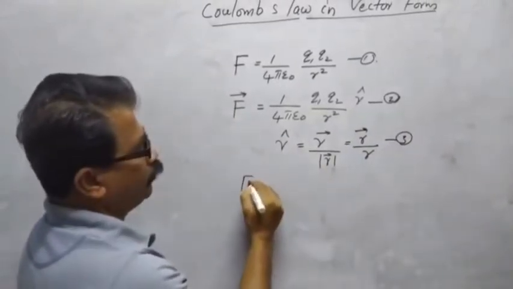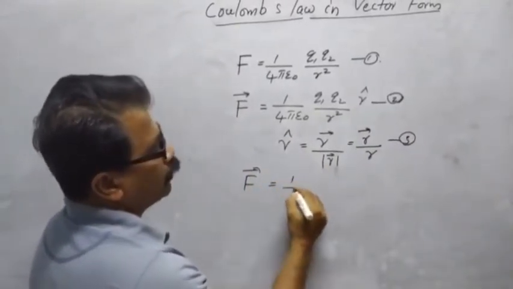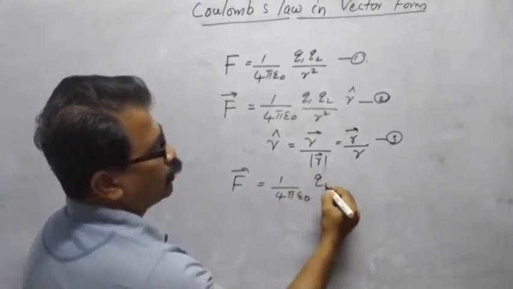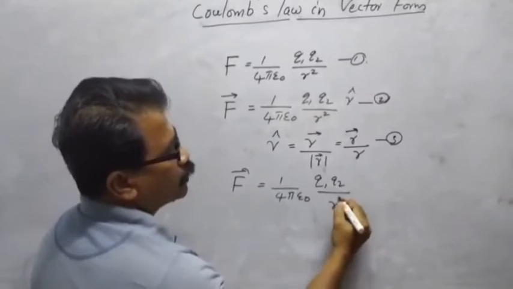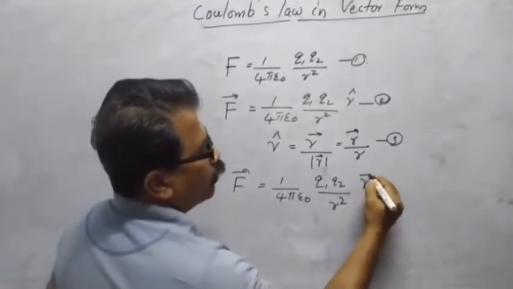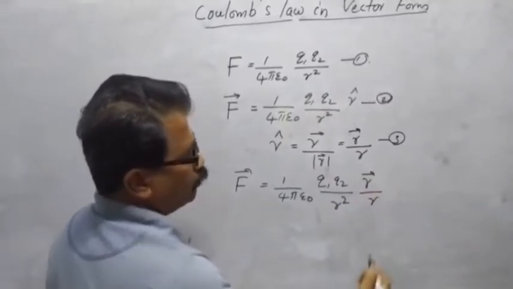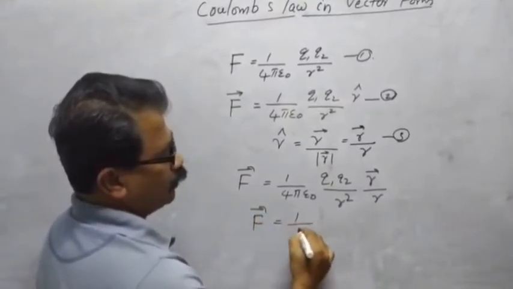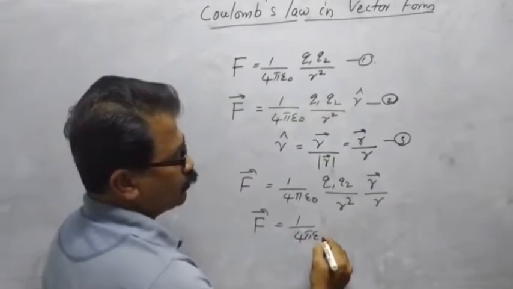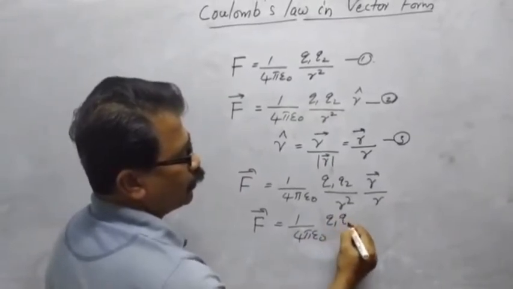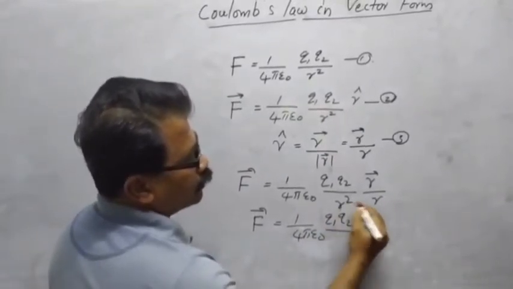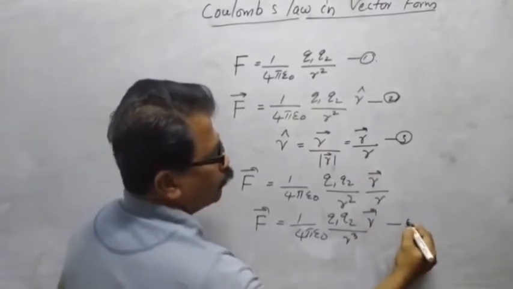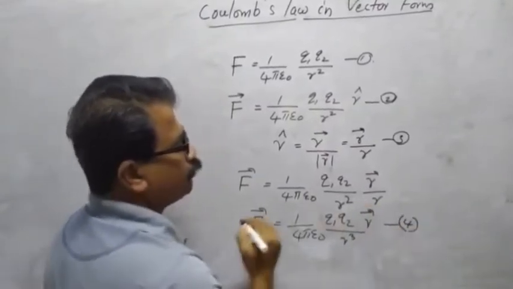F equals 1 by 4 pi epsilon 0 q1 q2 by r square into vector r by r, or F equals 1 by 4 pi epsilon 0 q1 q2 by r cube into vector r. This is equation number 4.